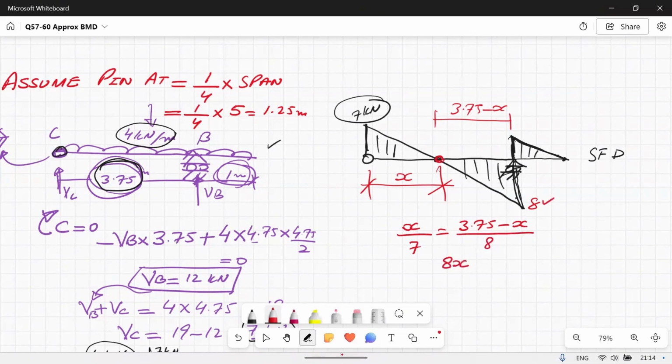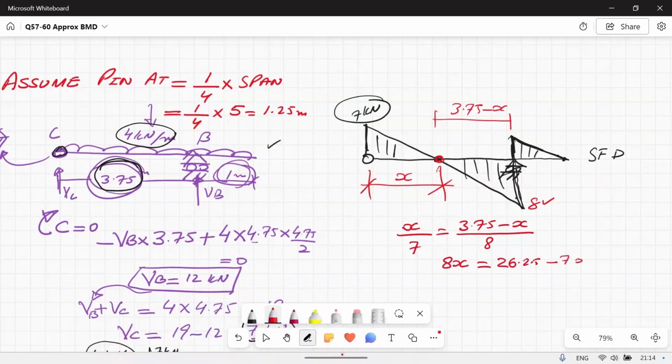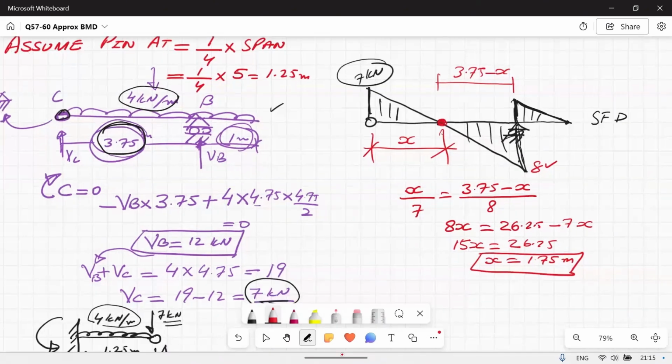So this will give me 8x is equal to 26.25 minus 7x. So this will be 15x is equal to 26.25. X will be equal to 26.25 divided by 15, which is 1.75. So this point X, where there will be maximum sagging bending moment, it is 1.75 away from the pin.